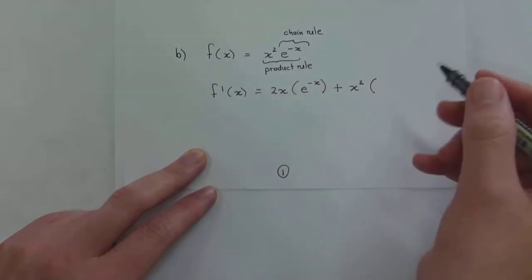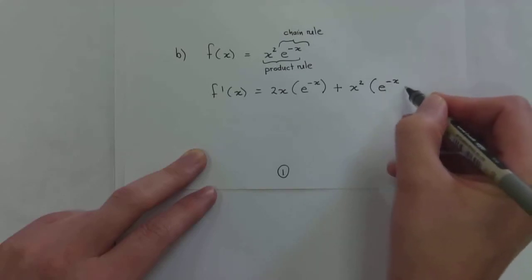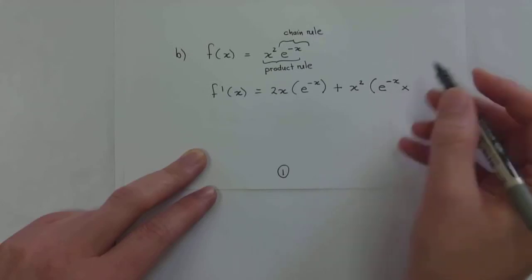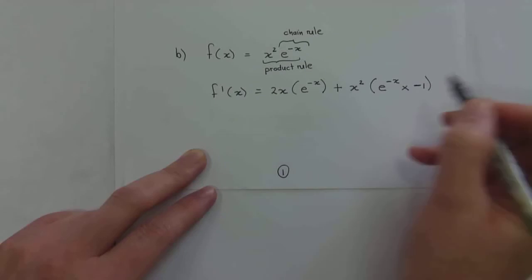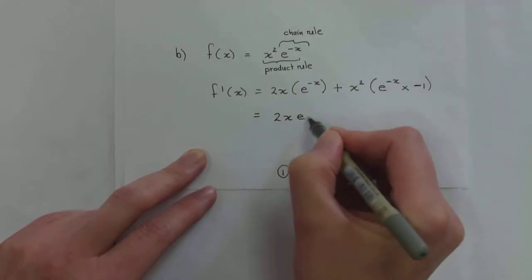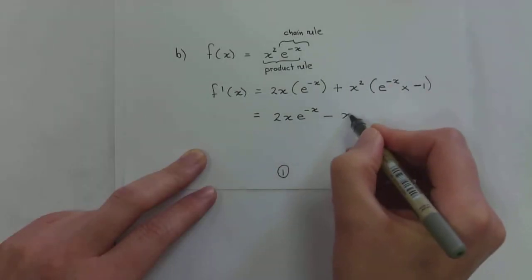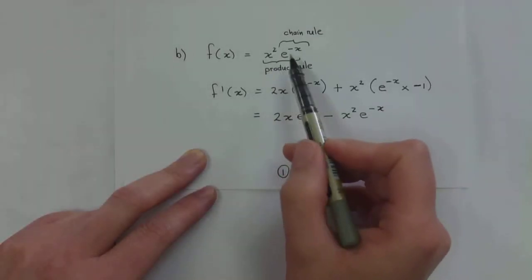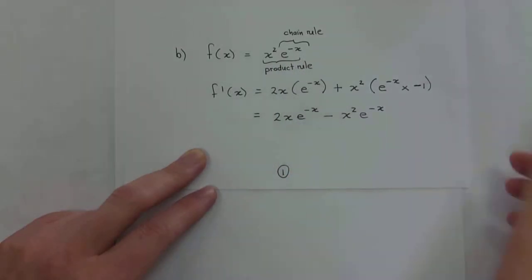So the derivative of the second function, first the outside function, which is e to the power of negative x, but then I have to find the derivative of that inside function. That inside function is going to be negative 1. The derivative of negative x is negative 1. And then I'm going to clean everything up, and I'm going to say it's 2x times e to the power of negative x, and then minus x squared e to the power of negative x. So that's the derivative of x squared e to the power of negative x, specifically here using your product rule.